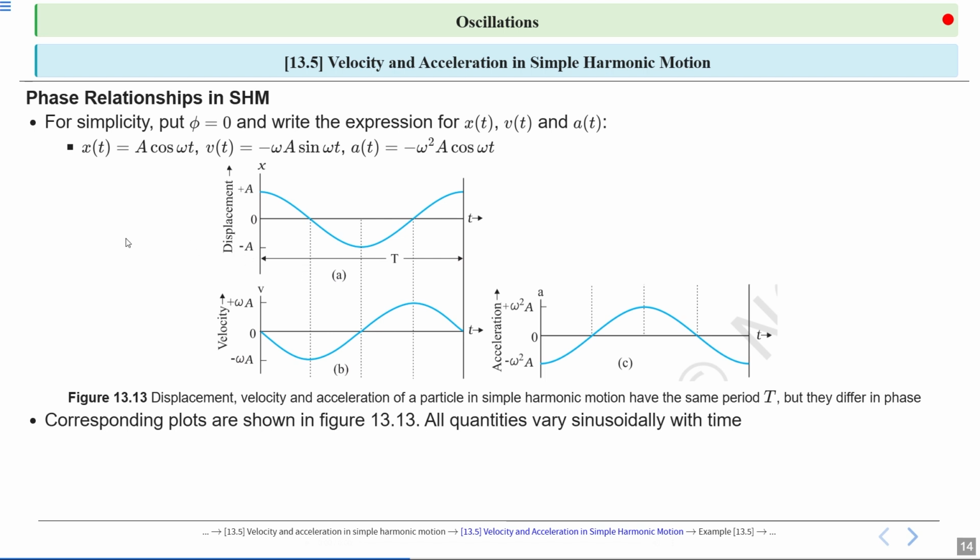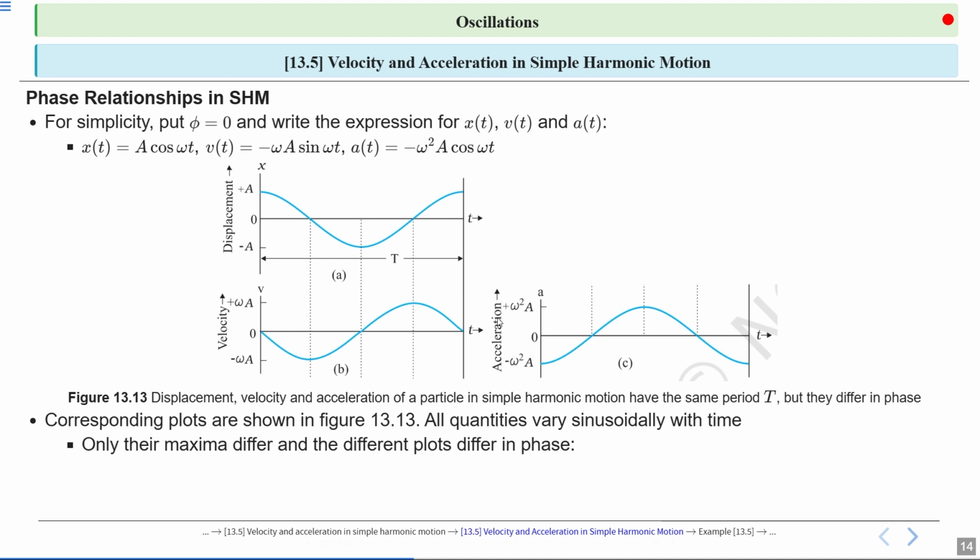So look at here: A displacement versus time, B velocity versus time, and C acceleration versus time. While all three quantities are sinusoidal, their maximum values occur at different times. The phase difference is key to understanding how the motion evolves.